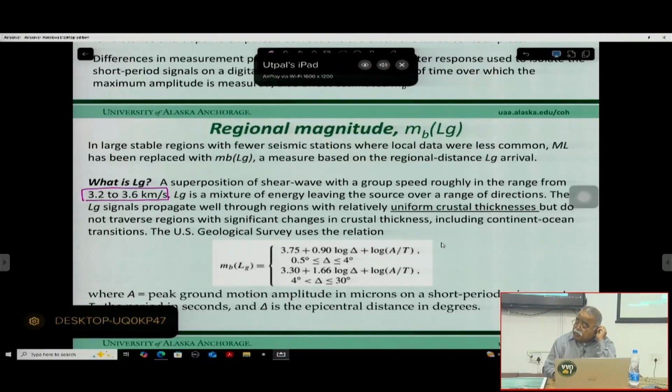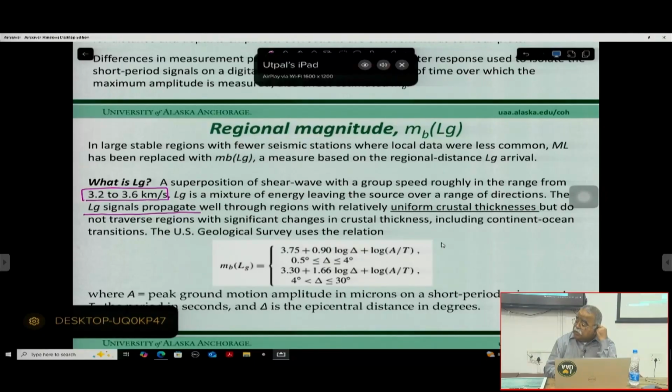If you want to use the Lg signal, you first have to identify the Lg signal in the seismogram. That can be done if you have a lot of stations nearby, then you can easily pick the signal with group velocity between 3.2 and 3.6, and that will be your Lg signal.